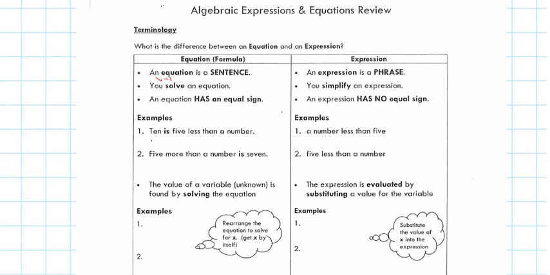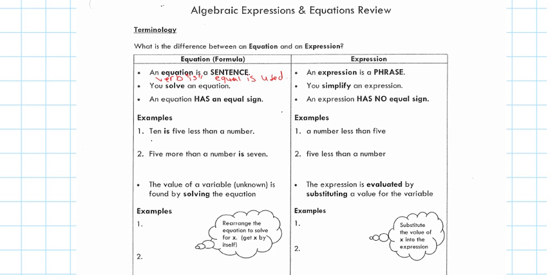When I read the sentence, the verb "is" replaces the equal sign. We'll look at examples.